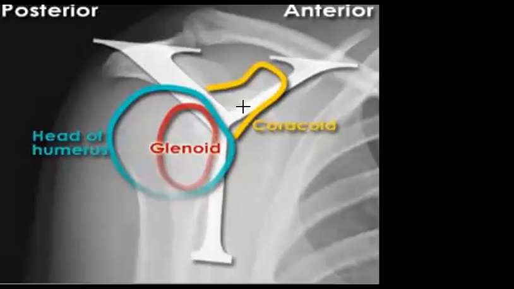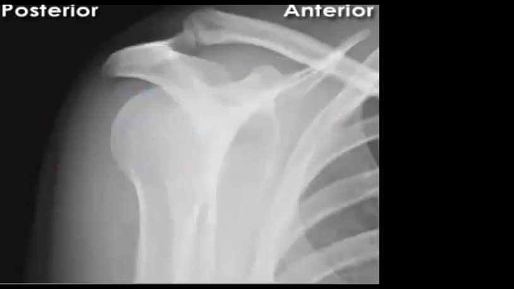So the coracoid should be anterior, and the glenoid should be in a more posterior position. And here should be the humeral head. You can consider that the humeral head should be near the center of this Y. Okay? This is the normal.